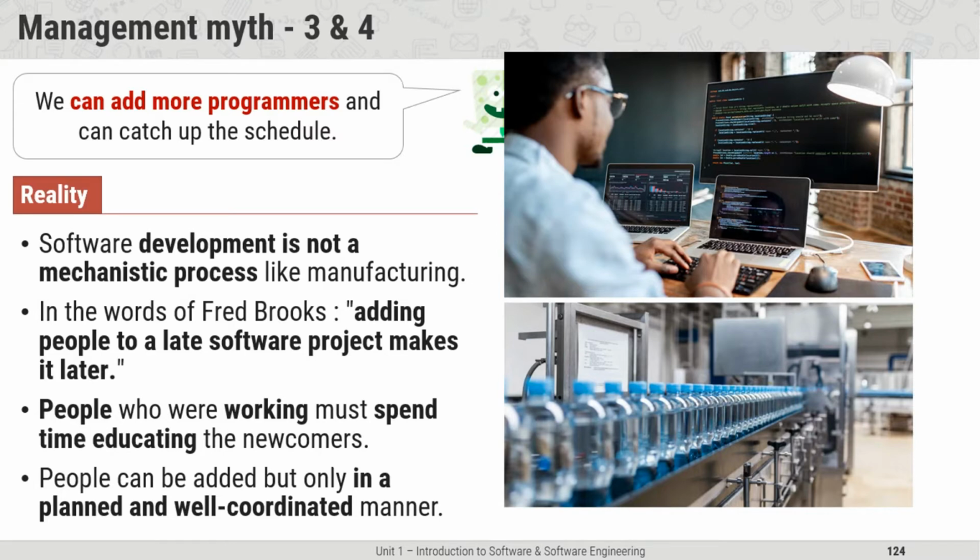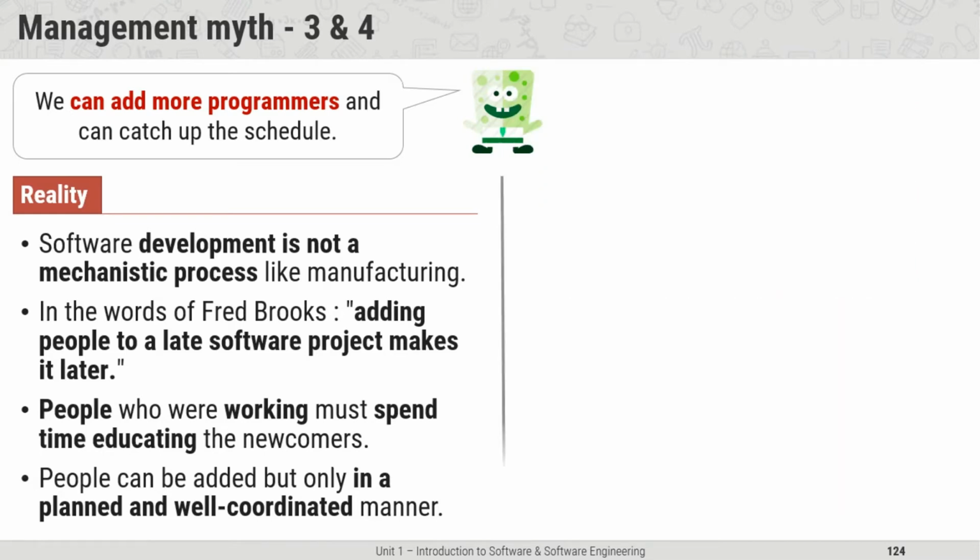Most of the time goes into educating newcomers. People can be added, but only in a planned and well coordinated manner. If you don't follow a plan or a well coordinated manner, it will be a waste of time, and in some cases we cannot finish our software too soon.